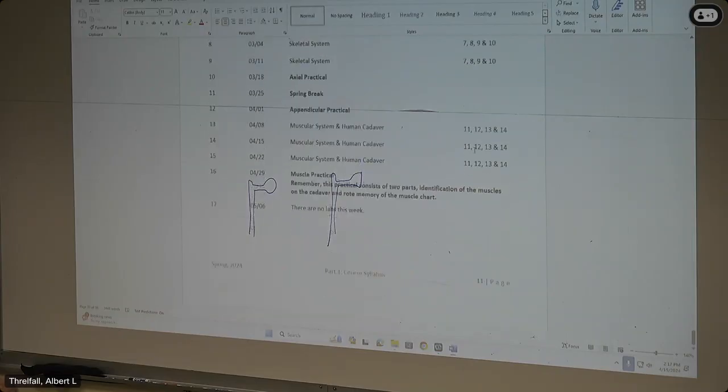So this is the lab schedule. Half of you have your muscle practical on April 29th. That's Monday. The other half of you have your muscle practical, where's the 29th? There it is. Have your muscle practical on the 1st. That's the day before surgery.